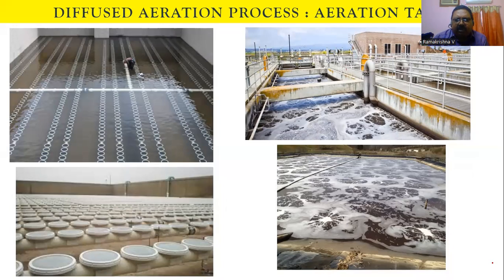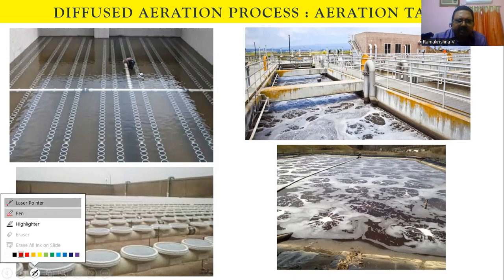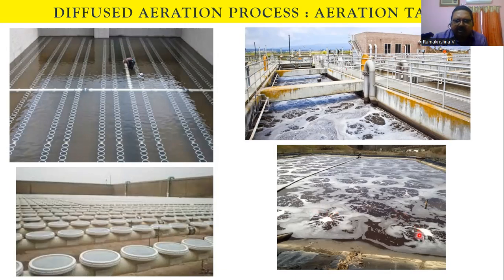So they are not completely mixed as in the complete mixed process. No, they are mixed in separate pockets. That's what you can observe here in the pockets. See, this is one pocket, this is another pocket, this is another pocket. These pockets correspond to the air coming from the bottom, right?